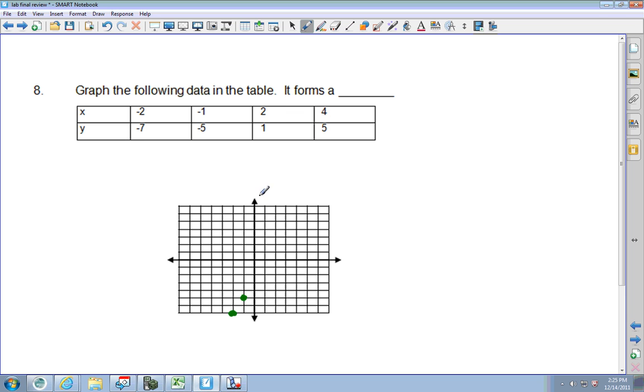I have 2, 1 over 2 and up 1, and 4, 5. 1, 2, 3, 4 and up 1, 2, 3, 4, 5. Well, what does that make? Last I checked, it makes a straight line. If you can draw it, it forms a line. And actually, this line is linear. How do I know it's linear? Because it makes a straight line.